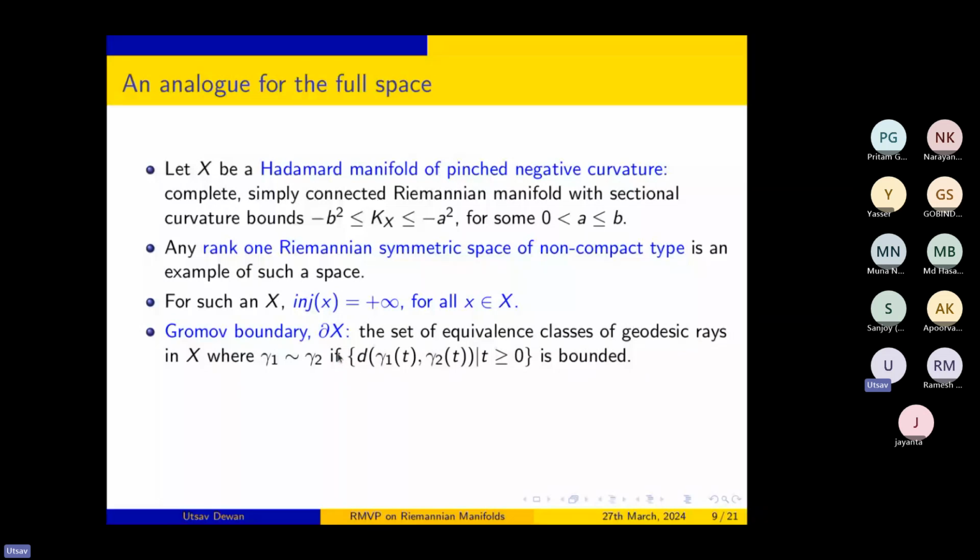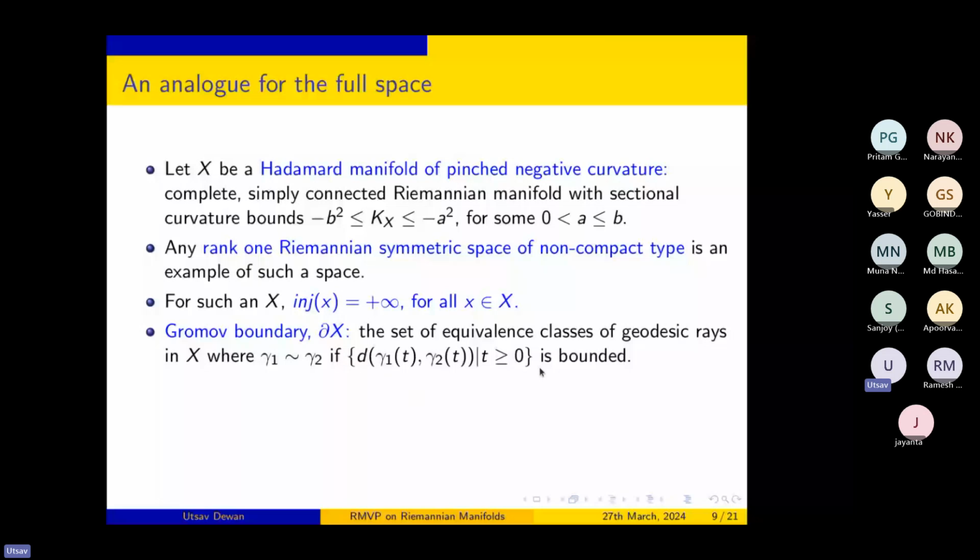So it's defined in the following way: the set of equivalence classes of geodesic rays in X. By geodesic rays, I just mean an isometric embedding from the half line [0, infinity) to X. You look at the equivalence classes of them, where two geodesic rays are equivalent if the distance d(gamma_1(t), gamma_2(t)) for all positive time t is bounded. So they are asymptotically close to each other. They are not too far off from each other. That is the meaning of this statement.